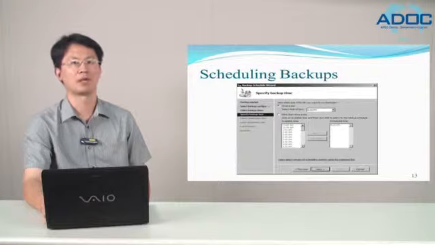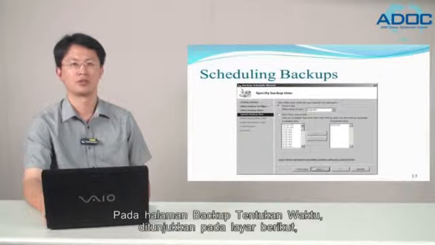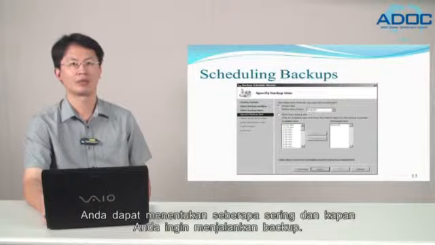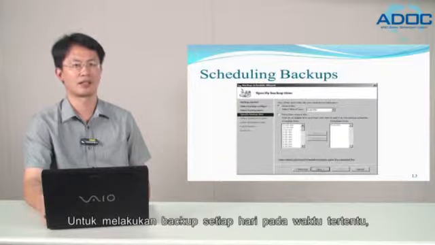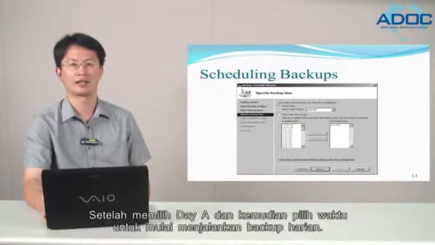On the Specify Backup Time page, showing the following screen, you can specify how often and when you want to run backups. To perform backups daily at a specific time, choose Once a day and then select the time to start running the daily backup.